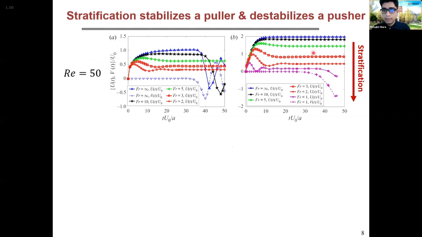And a pusher is eternally stable in a homogeneous fluid, even if we increase its inertia. But then as we increase stratification, its swimming speed decreases, and at a high enough stratification, it again strays away from the straight line trajectory and becomes unstable because of the strong stratification effects.